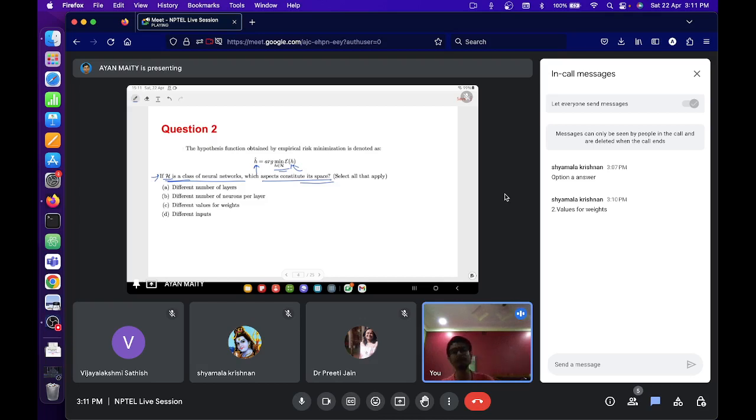So here we are trying to find out the best fitting neural network out of all the neural networks possible, or from a class of neural networks which is H. So the correct answer here would be C, different values of weights.